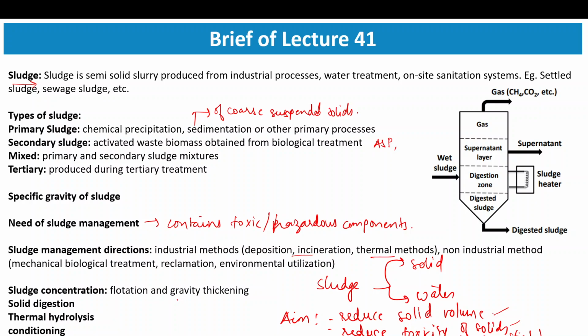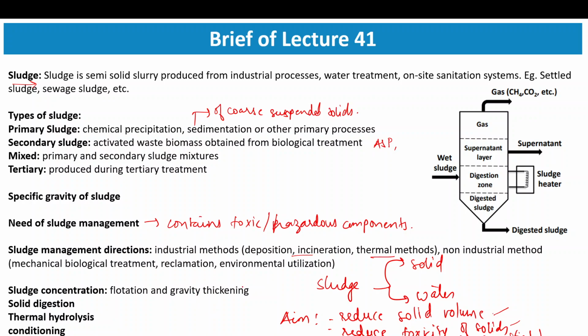Gravity thickening is a kind of sedimentation where we allow some residence time, so that under gravity pure water can be obtained from the top, and solids which are heavier and have higher density will be collected at the bottom.